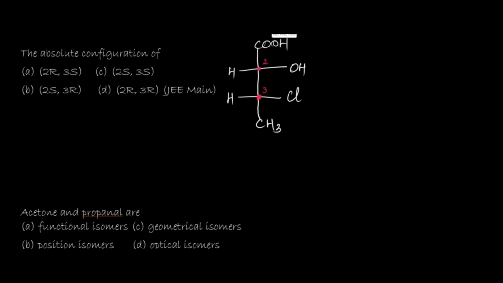That is, it starts from OH, then it goes to Cl, then COOH, finally hydrogen. So hydrogen, which is above the plane, in horizontal position, we have to do the reverse of whatever the result we are getting.